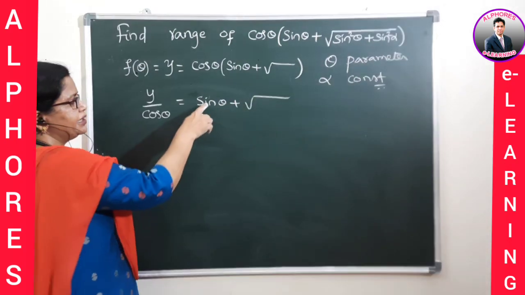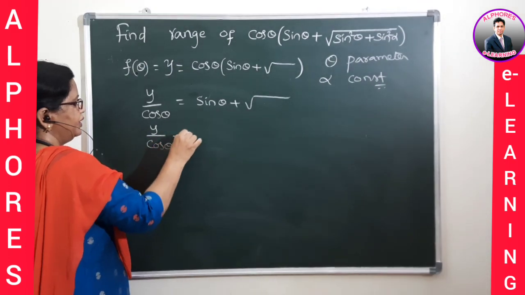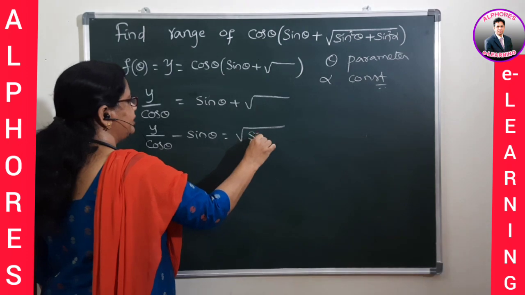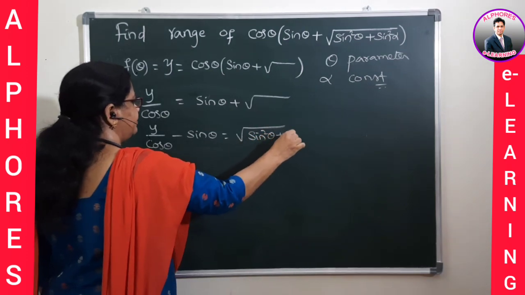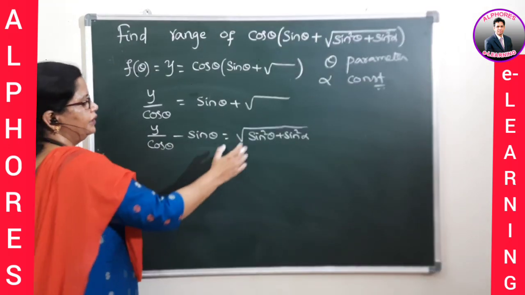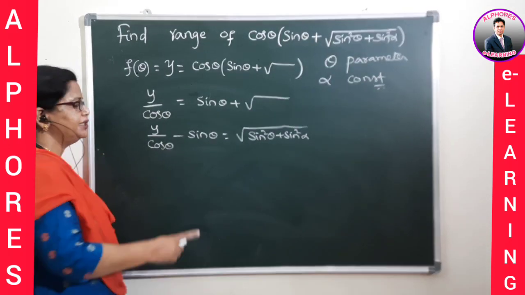Now let's take sin theta also to this side. So y by cos theta minus sin theta equals under root of sin square theta plus sin square alpha. So we collected all rational values on one side, irrational on the other side. Now let's square both sides.